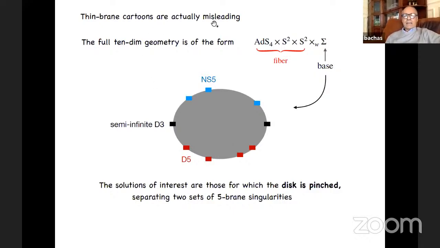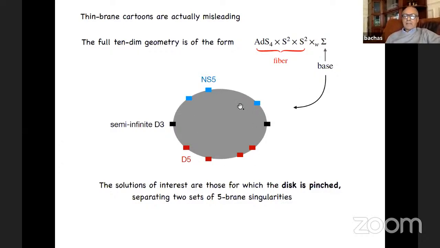So the thin brane is a bit misleading, but not completely. The full 10-dimensional geometry is essentially an AdS4 cross S2 cross S2 fiber. The S2s are there because of R symmetry, and the whole thing is fibered over a Riemann surface, a base.